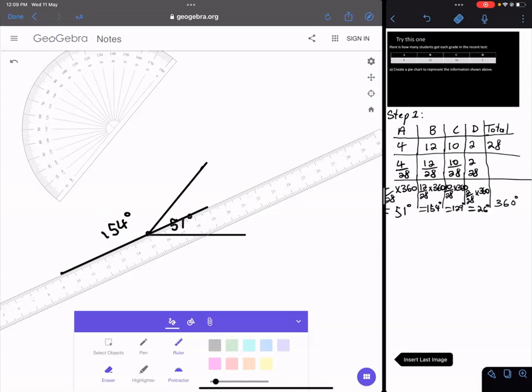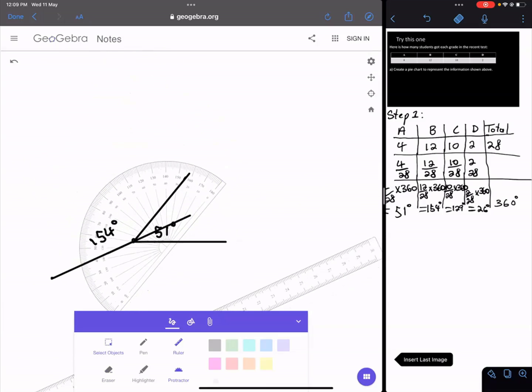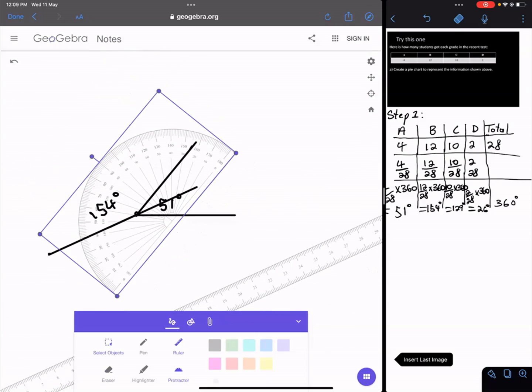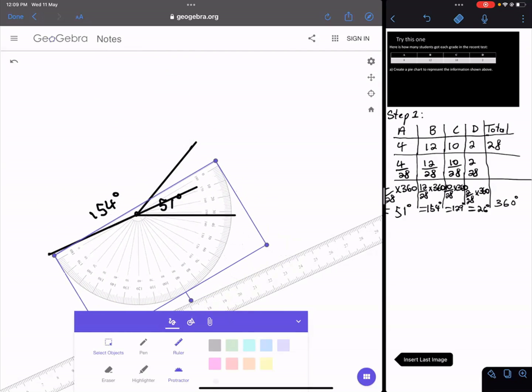So now we're going to use that new line that we have just drawn to draw 129. So we're going to get our protractor once more. Ensure it is on the center, and ensure to find 129.